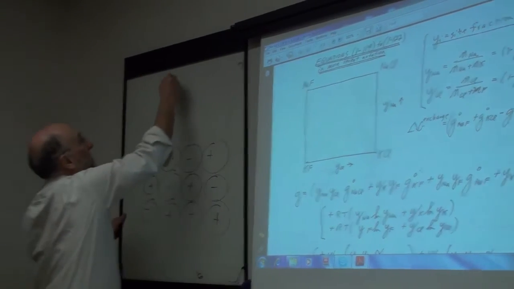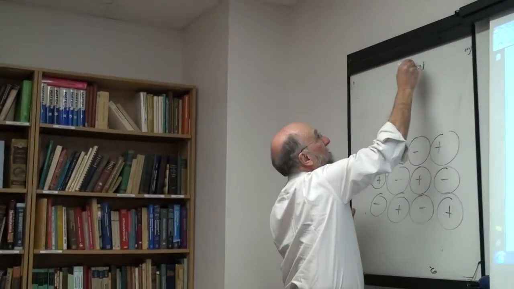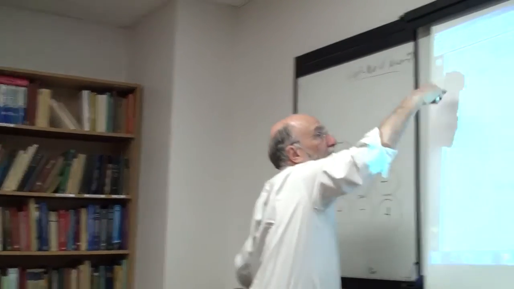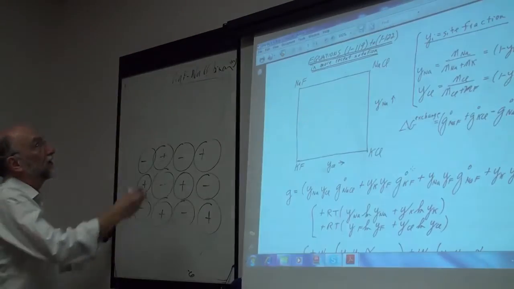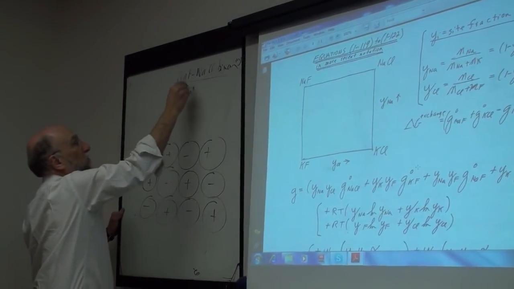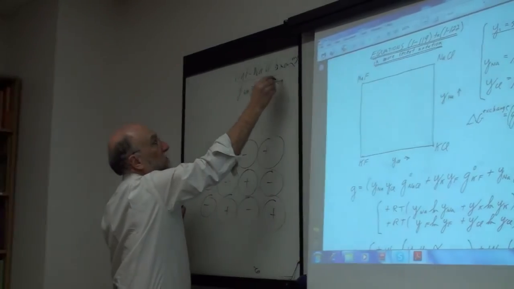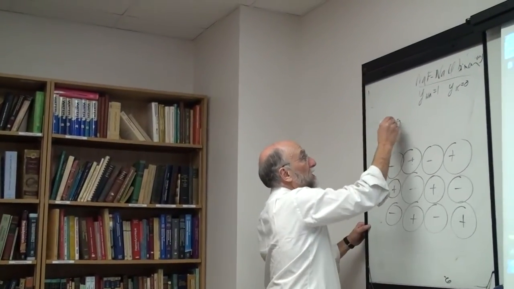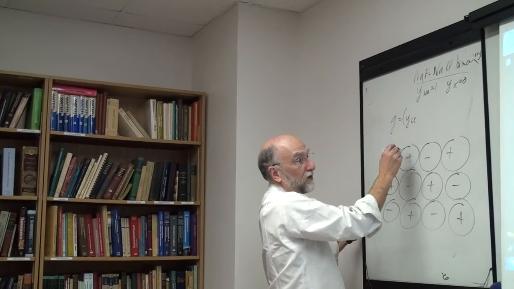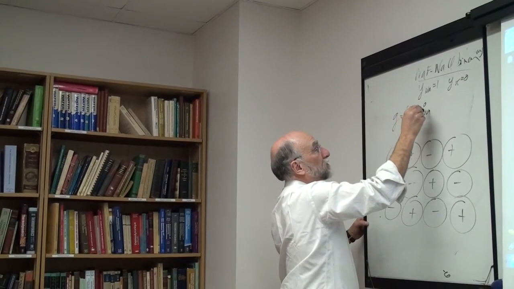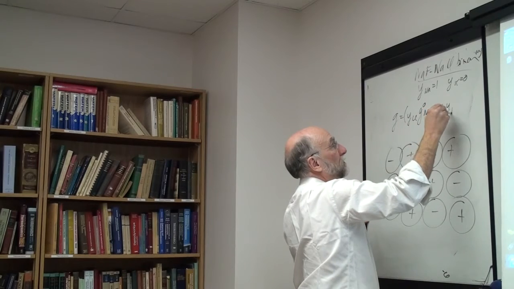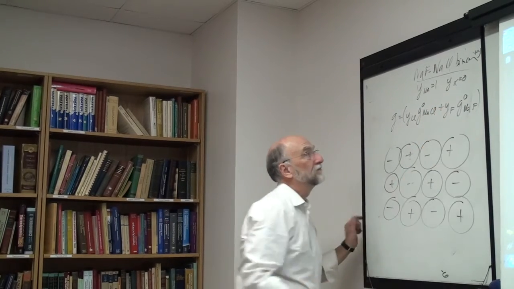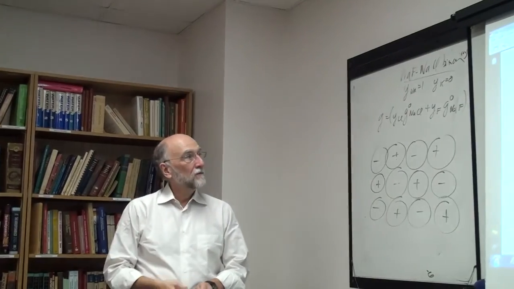If we substitute that back into here, we get G equals Y chlorine times G naught sodium chloride plus Y fluorine times G naught sodium fluoride, which is what you want.